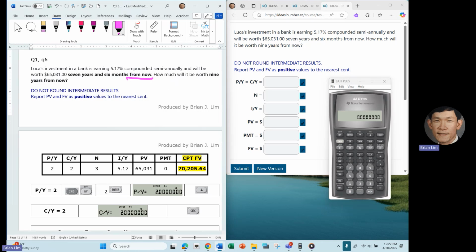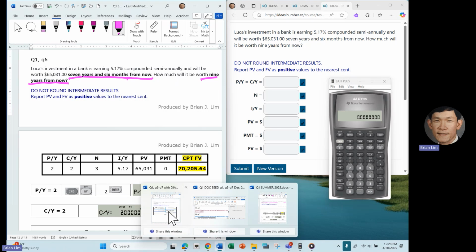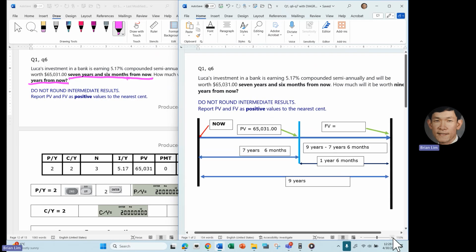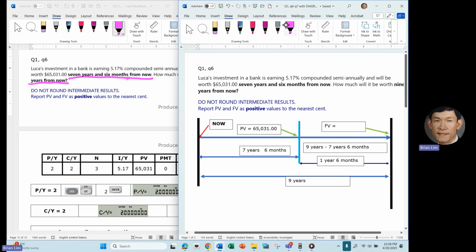So we have two numbers. These are time values, 7 years and 6 months from now, and then we have 9 years from now. So to get an understanding of what it really looks like, I think we can look at this diagram right here. And if you look at it, you will see that over here is the now.